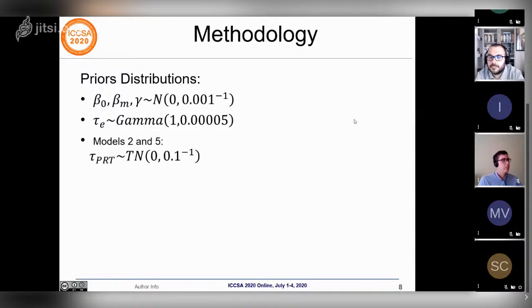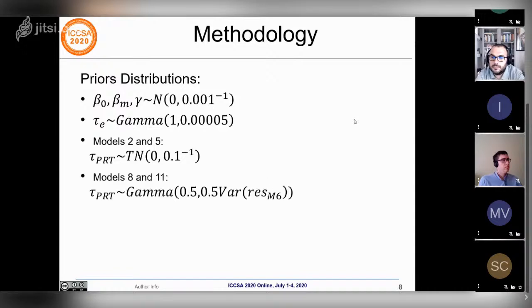For the precision of the variable group tonnage as a random effect, more informative priors were used. For models where a spatial component is not considered, a truncated normal with mean 0 and precision 0.1 was used, and for models where a spatial component is included, a gamma taking into account the variability of the model with just a spatial component was used instead.